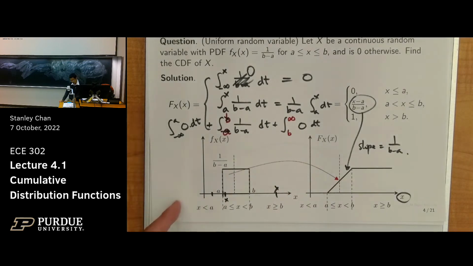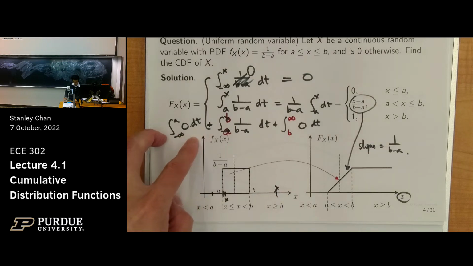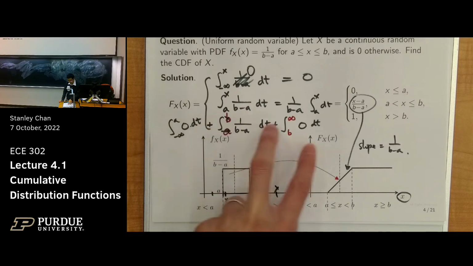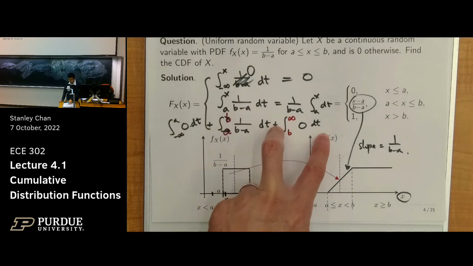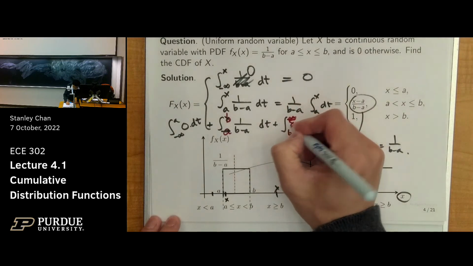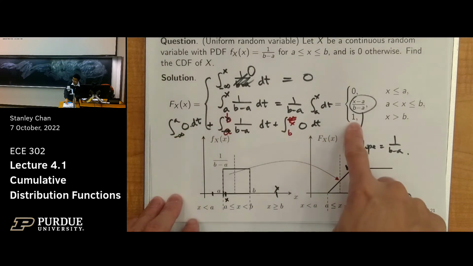Then, of course, I need to integrate the first segment, the second segment, and then the third segment up to my point x. So the first one gives you 0, the second one gives you 1, and the last one gives you 0. And this is not infinity. This should be x, because you integrate up to the point x. So when you take this integral, it will give you 1.